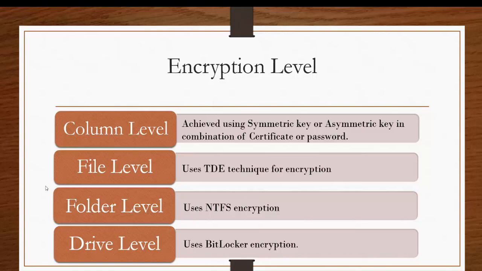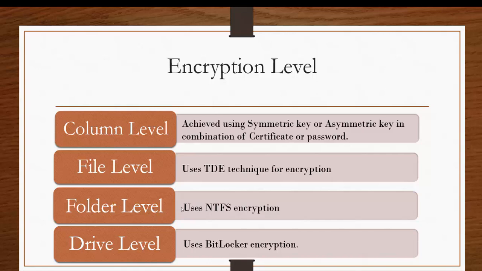Now let's come to file level encryption. File level encryption can be achieved using the TDE technique. We will implement this TDE technique step by step. Then let's come to another level, which is folder level encryption.